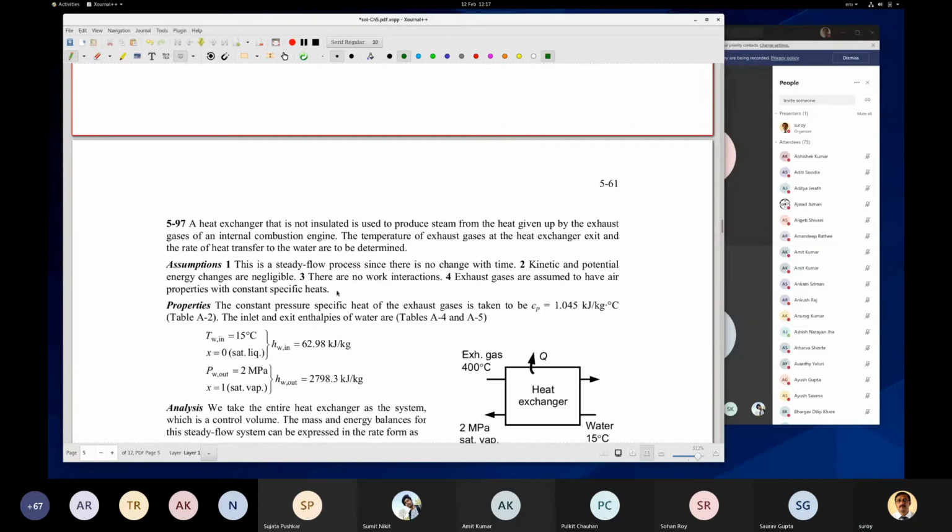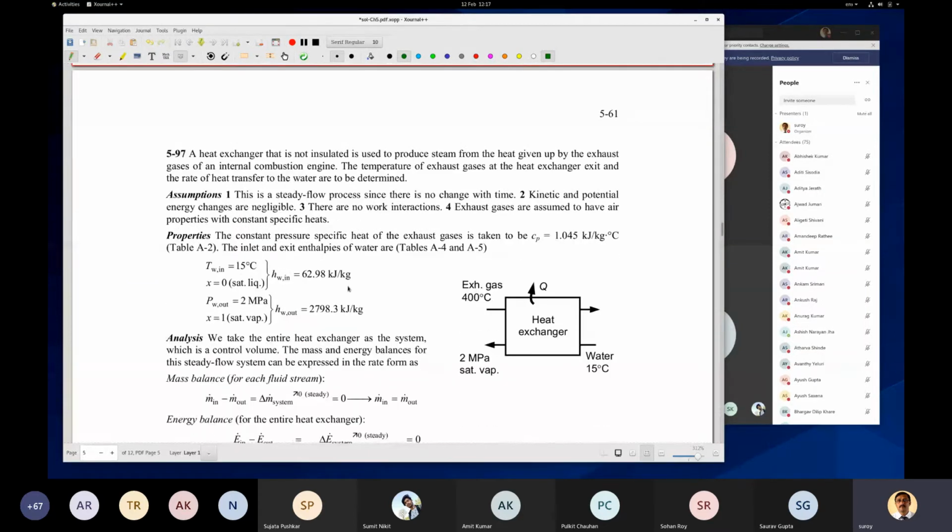So this is a different kind of problem. This is also a heat exchanger, which is not insulated, used to produce steam from the heat given up by the exhaust gases of an internal combustion engine.